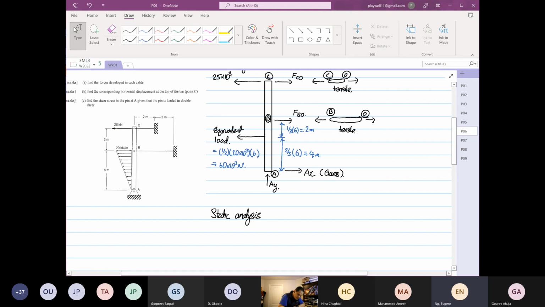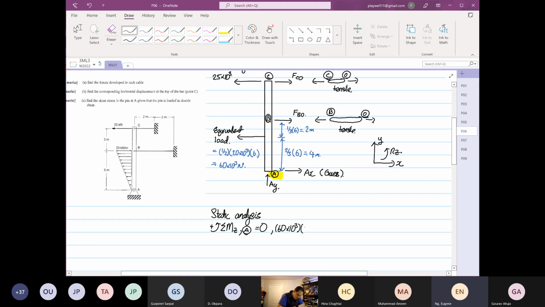So when you apply static analysis, you have to draw your transformation. This is your X, this is your Y, this is the rotation about your Z. So I'm going to do summation of moment in the Z direction, and I'm going to do the moment analysis at point A. The equivalent load is going anti-clockwise, so it's equal to 60 times 10 to the power 3.